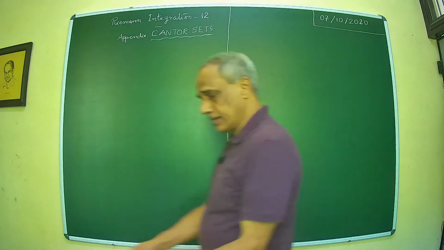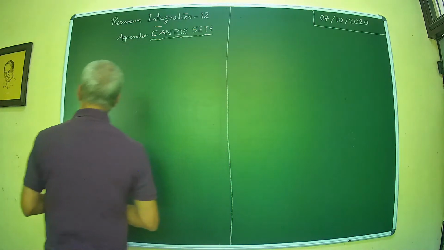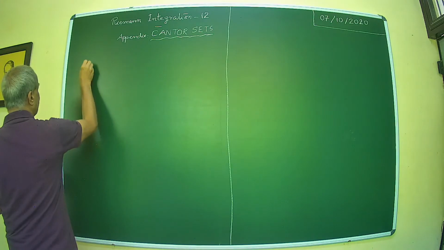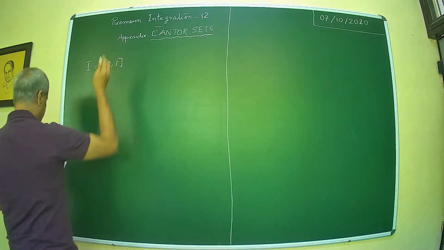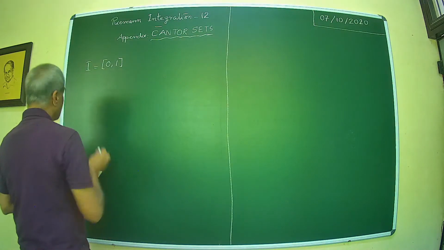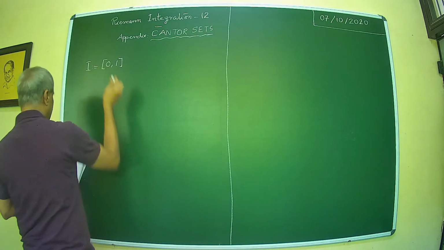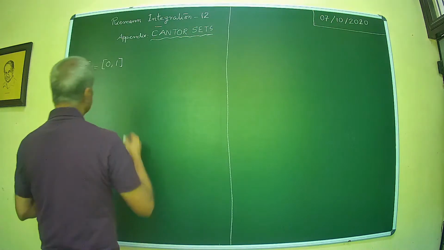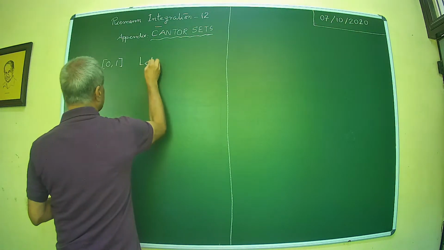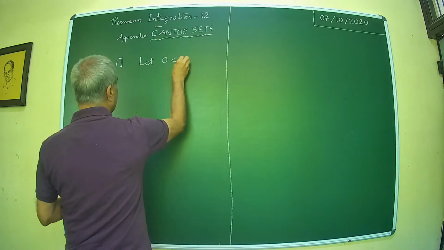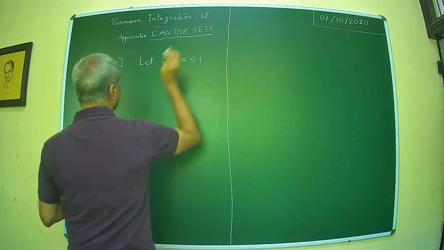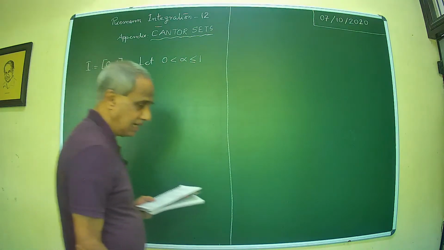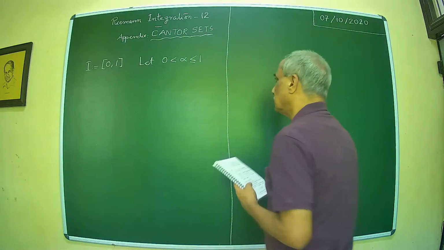So we systematically begin. Let I be the interval 0, 1. And then let 0 less than alpha less than or equal to 1. So we choose a parameter alpha which lies between 0 and 1.